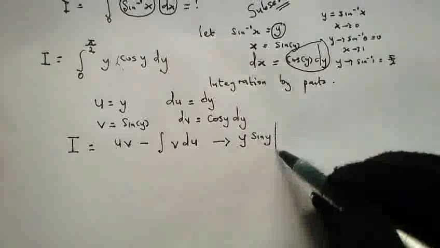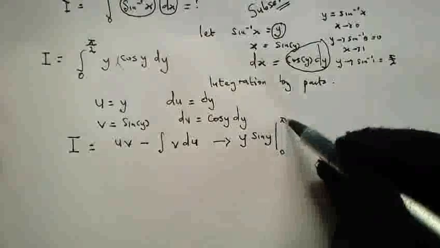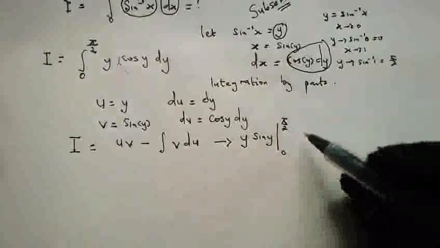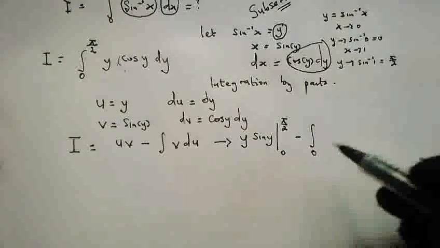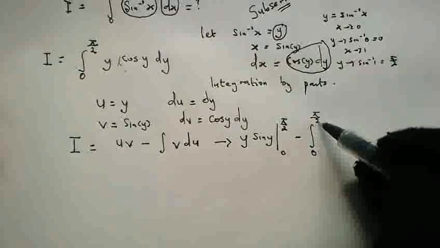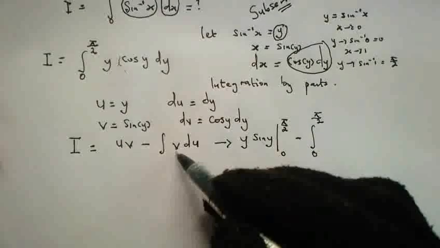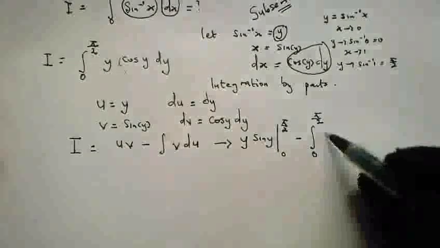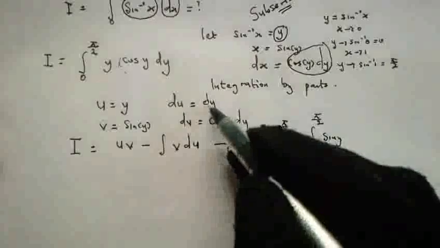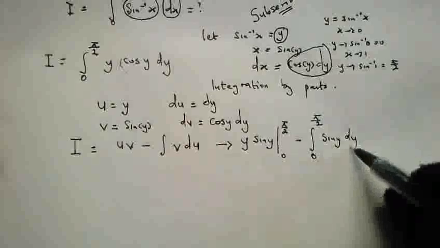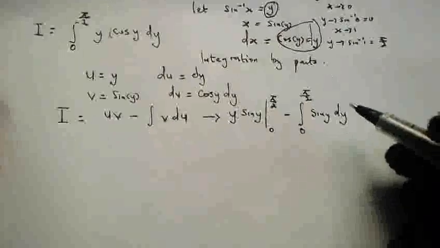Recall our limit from 0 to pi over 2. Minus the integral, with limit from 0 to pi over 2. What is v? v is sine of y. And what is our du? du here is equal to dy.